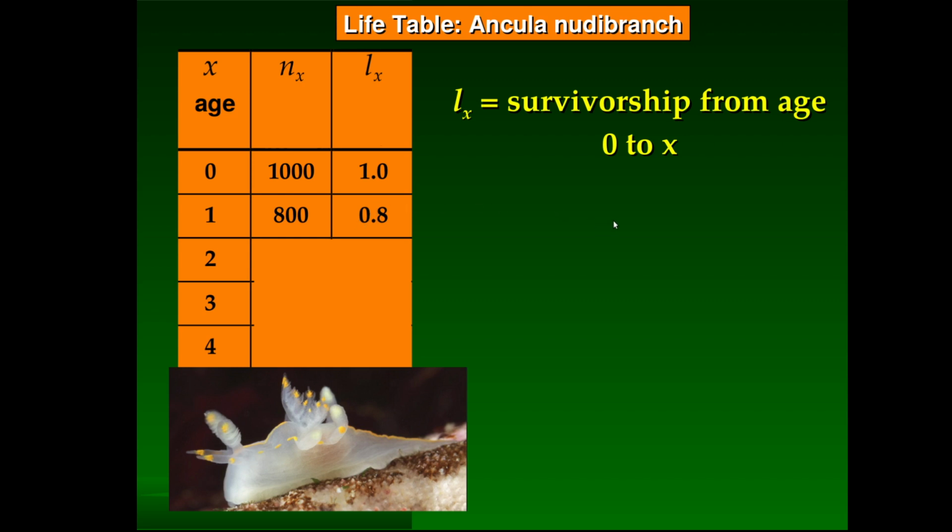And let's say that at age 2 months, only 500 remain. This gives a survivorship of 0.5 from age 0 to age 2.